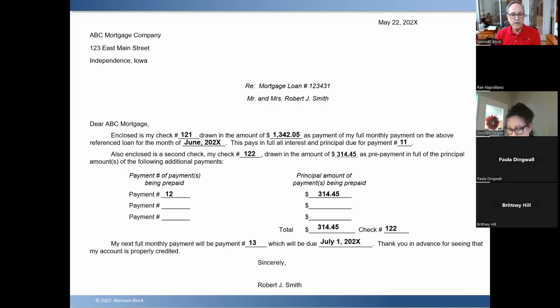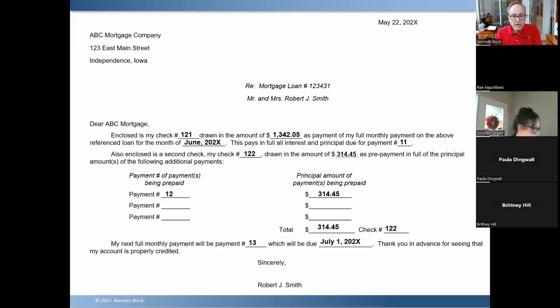Now, if you're going to do electronic, again, you need to test it out and make sure it'll work with your bank. But you do the same thing. You make a payment, and in the memo, when you pay that full payment, you say payment number 11, June 2022. And then when you make the second payment, you say prepayment of payment number 12, $314.45.